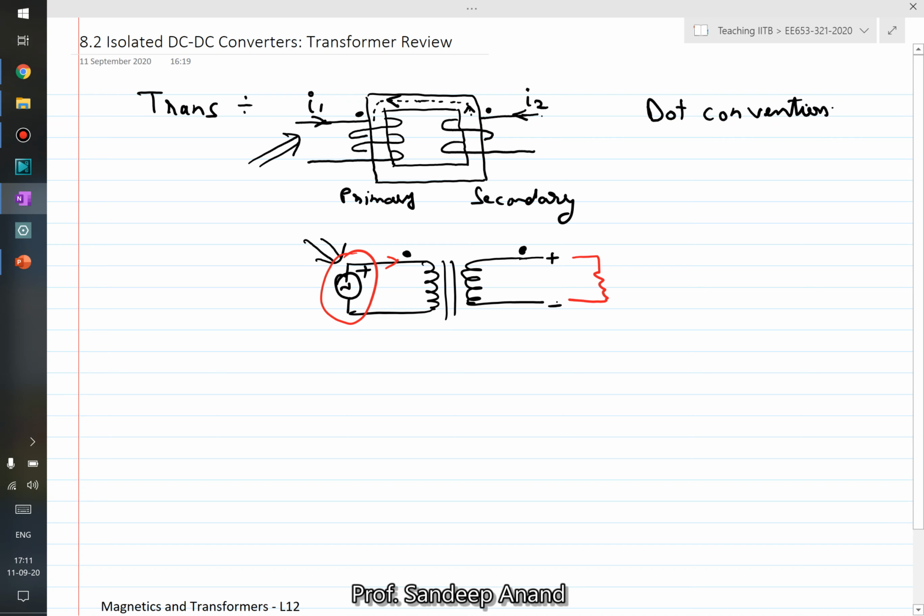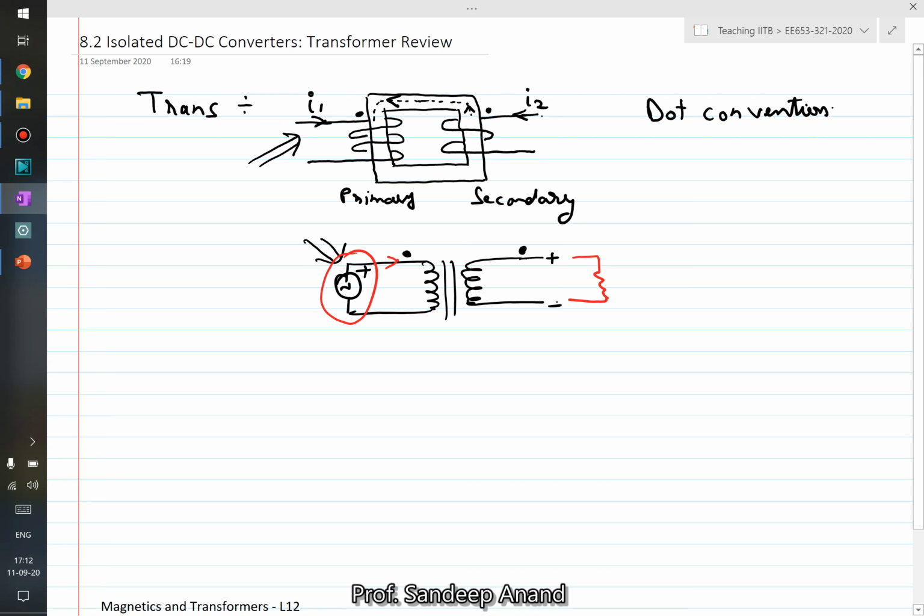And obviously the flux produced by the secondary side should try to oppose the flux produced by the primary side. That is how the voltage will get induced on the secondary and the current would flow. The voltage will get induced in such a direction that it opposes the flux produced because of the primary side.